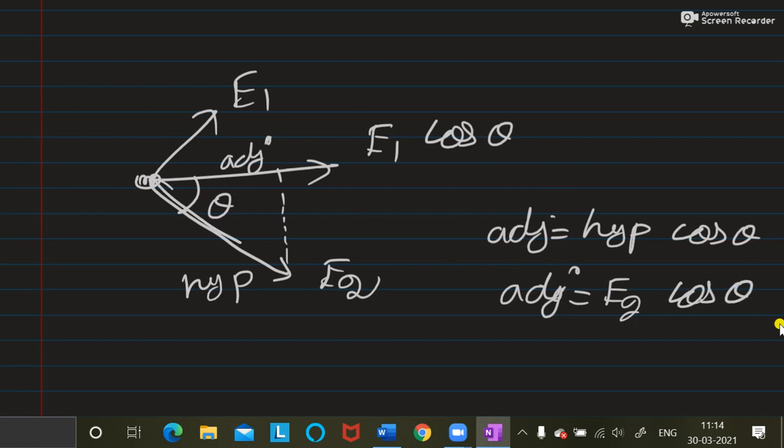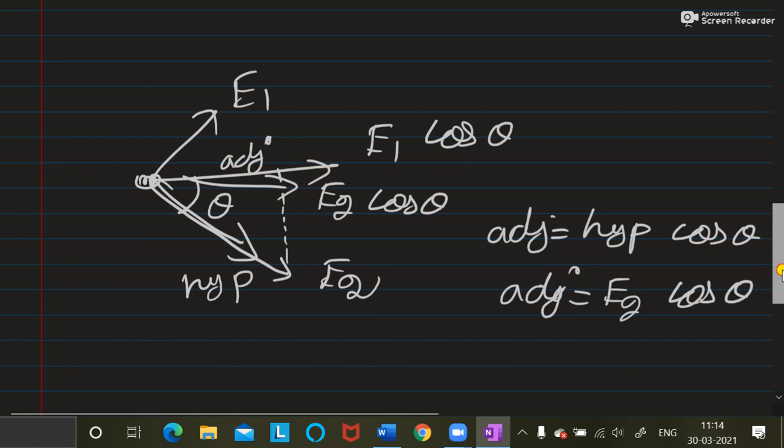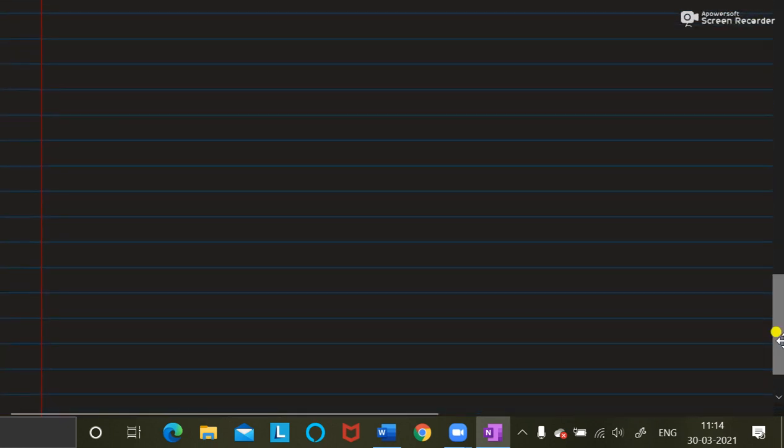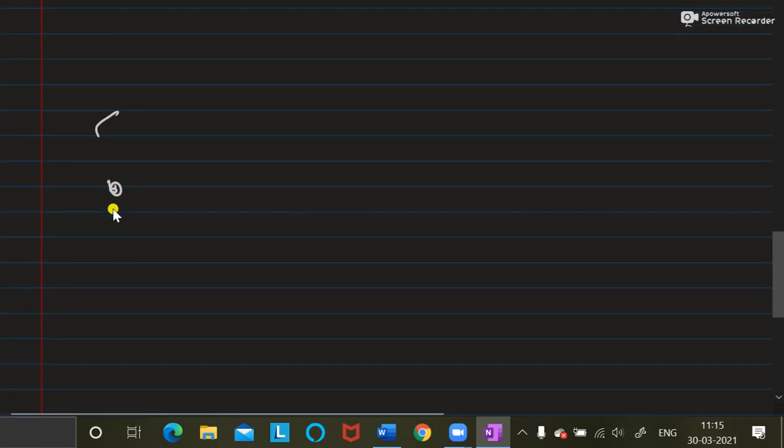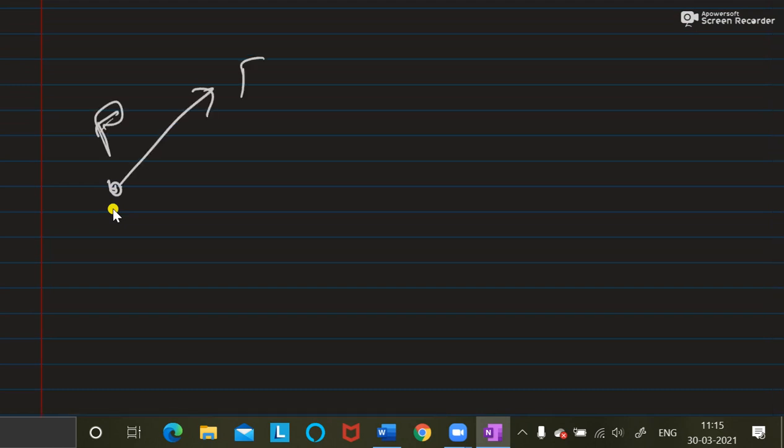So, because of E2, this side is going to act as E2 cos theta. So, finally, we got two net electric field components at the point P: E1 cos theta, E1 this side, E2 will be this side.